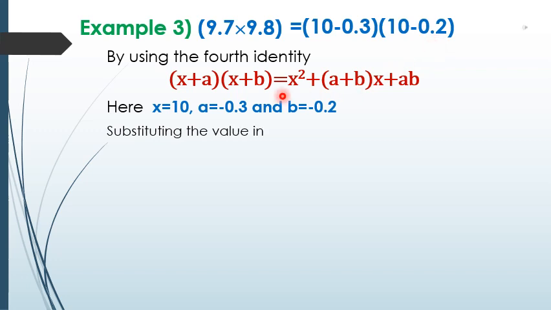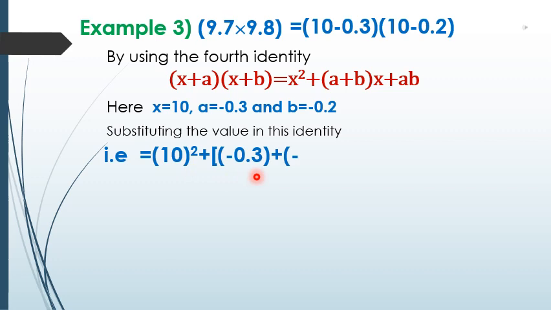Substituting the value in this identity, that is equal to 10 whole square plus (minus 0.3 plus minus 0.2) into 10 plus (minus 0.3) into (minus 0.2).